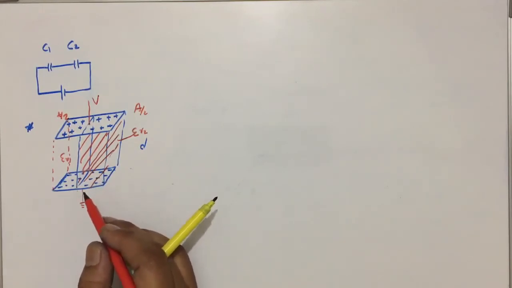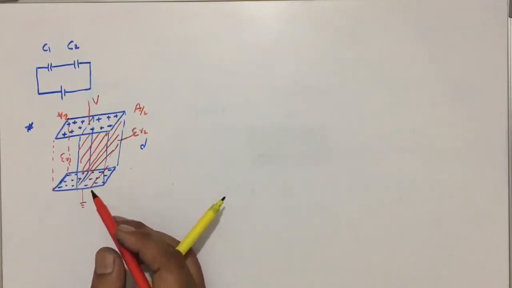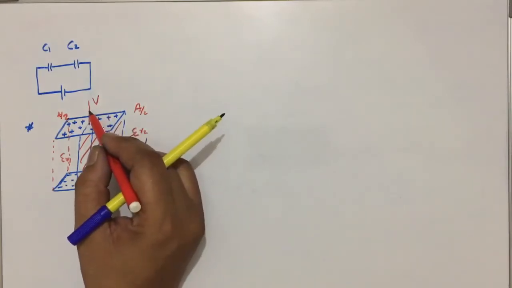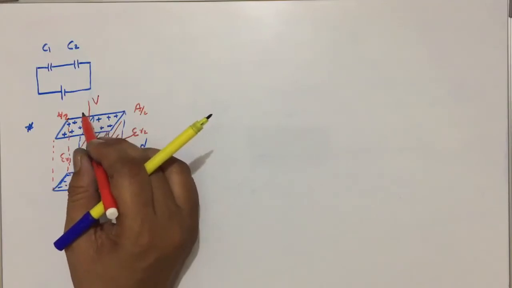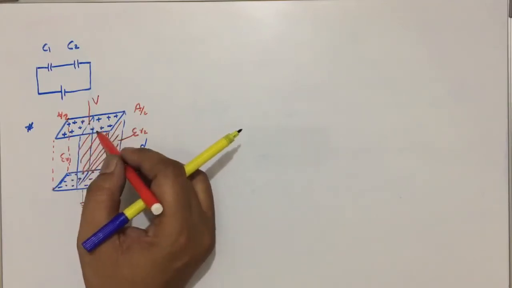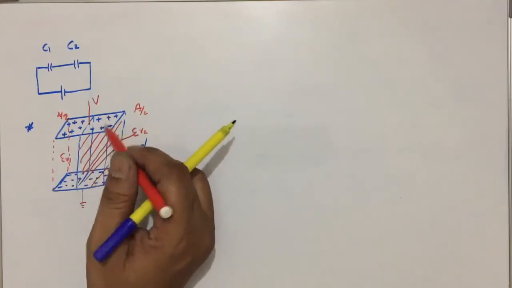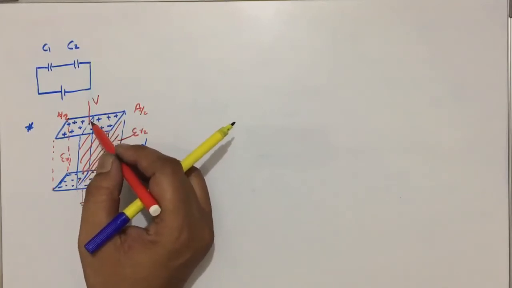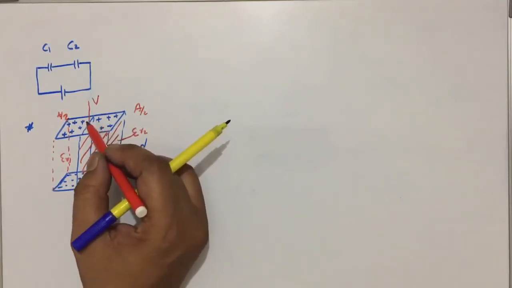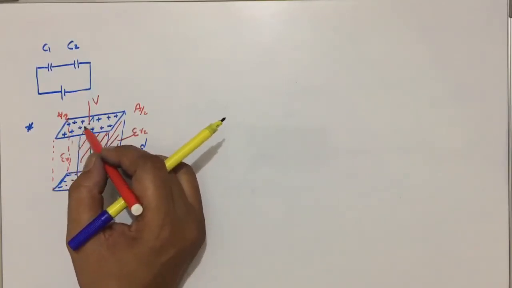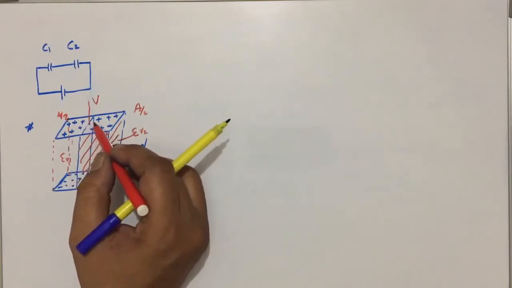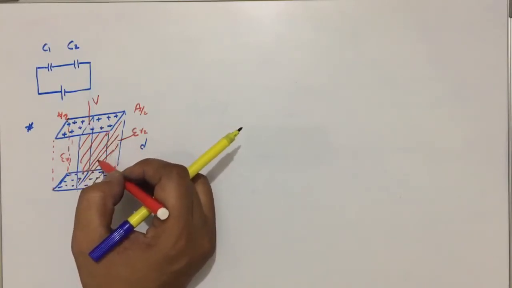Now if high potential is applied at this, due to closed circuit the current starts to flow, and here at the junction the current will divide and part of the current will follow this route and part of the current will follow this route.